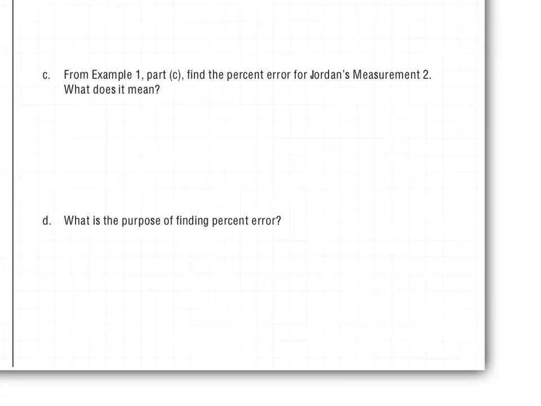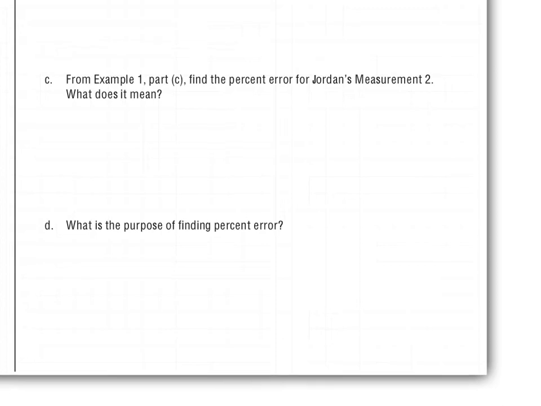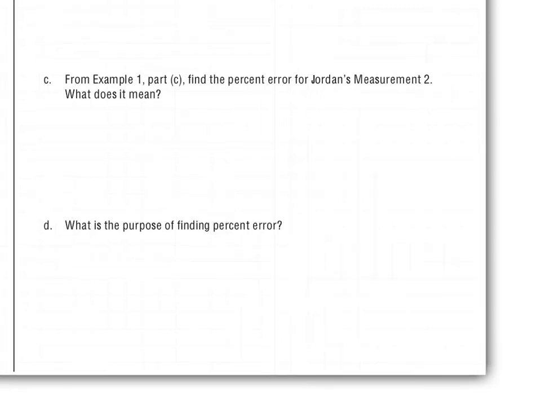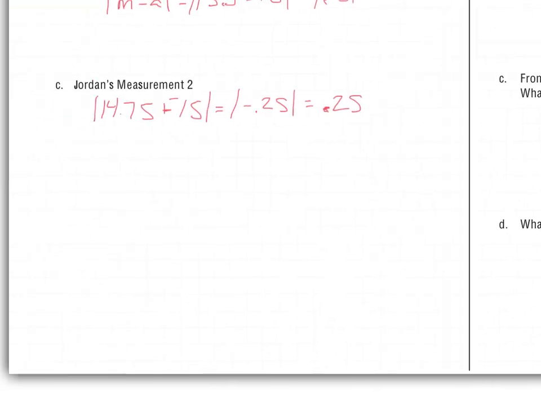All right, from example 1, part C, go ahead and find the error for Jordan's measurement 2. What does this mean? So go ahead and find the calculation for Jordan's measurement 2.